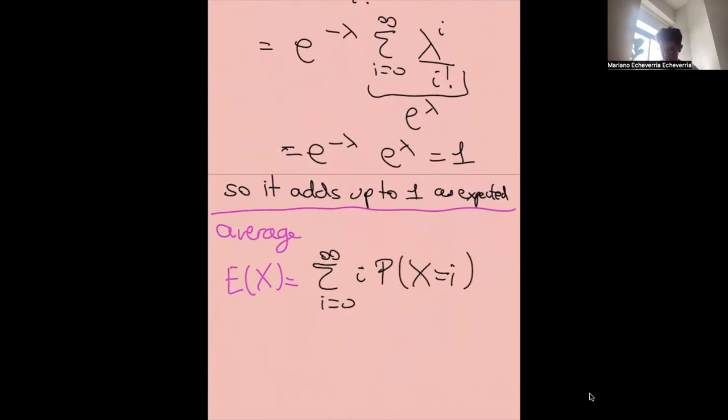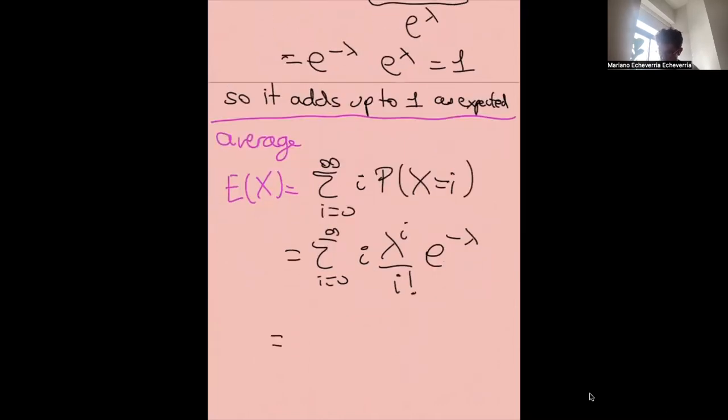And so that is the sum from i equals 0 to infinity of i times lambda to the i over i factorial times e to the minus lambda. Again, you can pull out this e to the minus lambda outside if you want. Let's see if that's useful to do. I guess so. Yes.